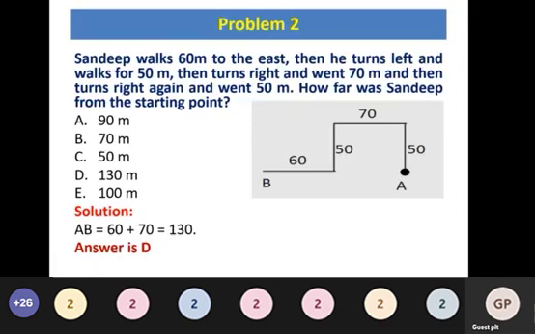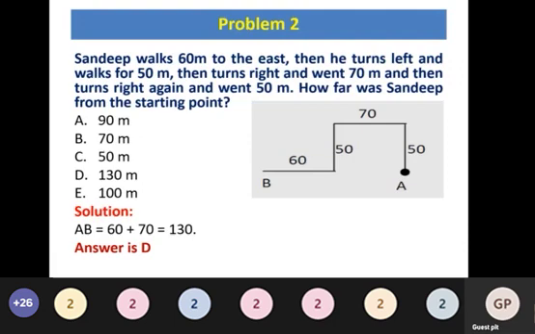So once again, Sandeep walks 60 meters to the east. Then he turns left and walks 50 meters. Then he turns right and goes 70 meters. And then he turns right again and goes 50 meters. How far was Sandeep from his starting point? The options are A, 90 meters, B, 70 meters, C, 50 meters, D, 130 meters, and E, 100 meters.